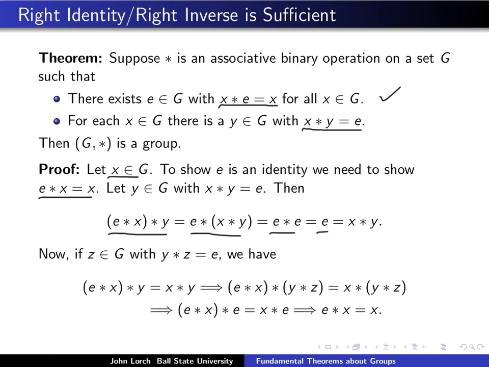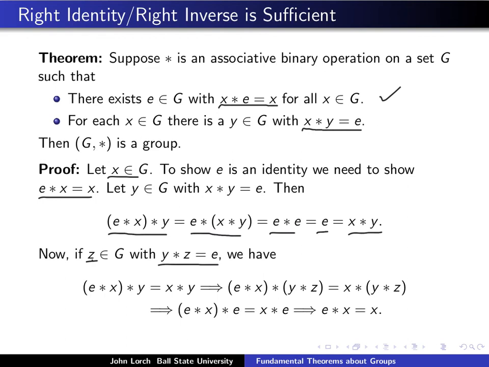But e, remember, is x times y. Okay, now how is that going to help us? Well, we know that this new element y also has a right inverse, which we'll call z, where y times z is the right identity e.